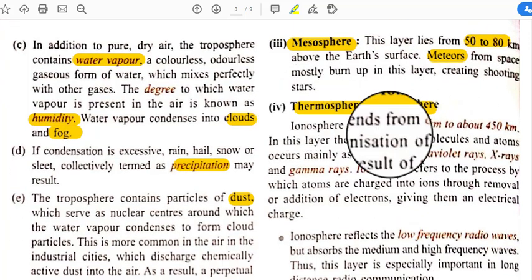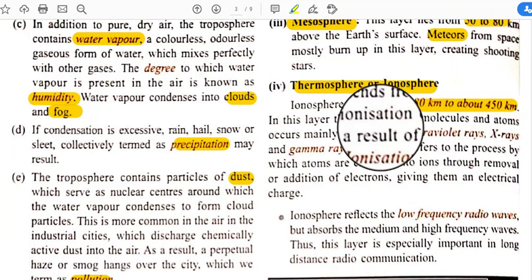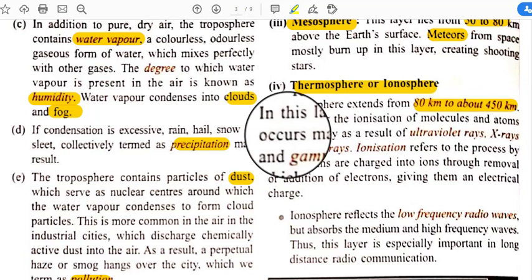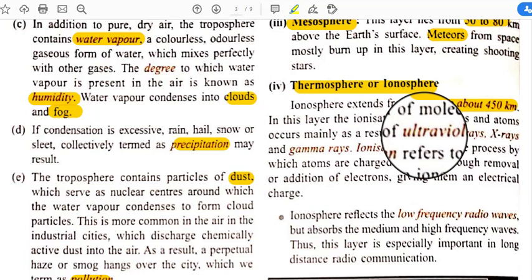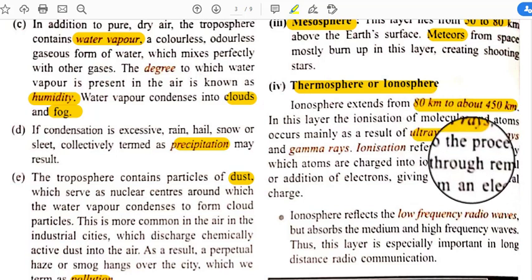Next is Thermosphere or Ionosphere. The Ionosphere extends from 80 kilometer to 450 kilometer, and in this layer the ionization of molecules and atoms occurs mainly as a result of ultraviolet rays.